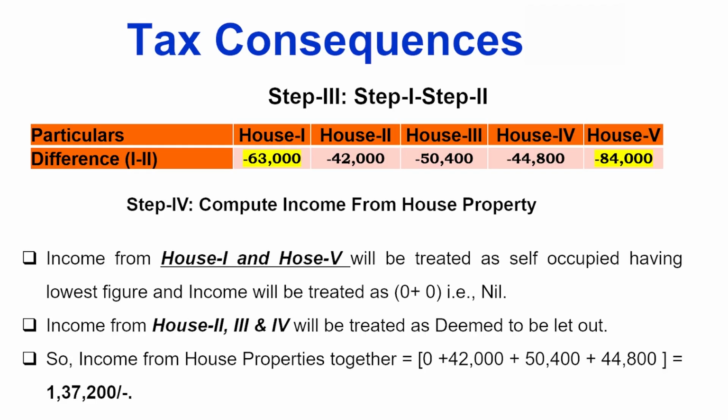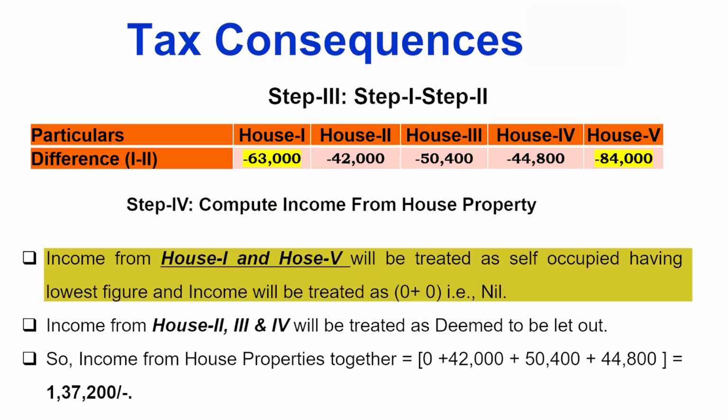Now it is step 3. What we got? Difference, 1 minus 2. Let's see step 4. Compute income from house property. Here, house 1 and house 5 will be treated as self-occupied, having the lowest figure, and income will be treated as 0 for house 1 and 0 for house 5.